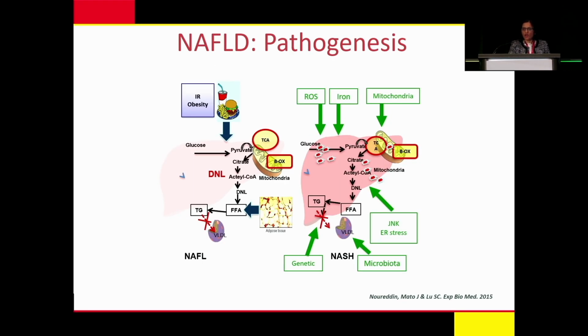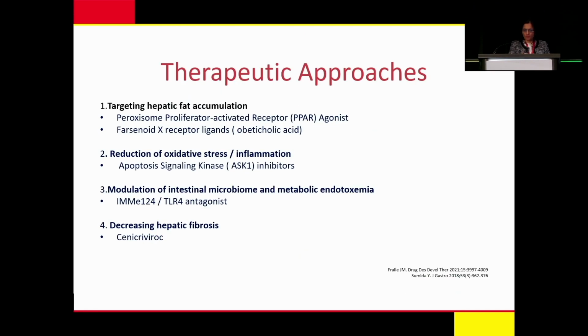I show you this slide only to highlight the point that the pathogenesis of NAFLD is complex, with multiple pathways, multiple hits. 4 main therapeutic approaches have been attempted. One is to target hepatic fat accumulation.